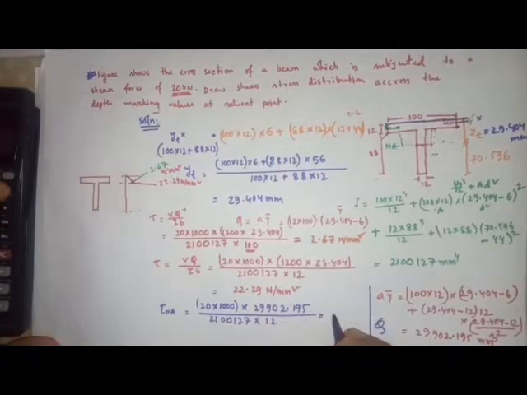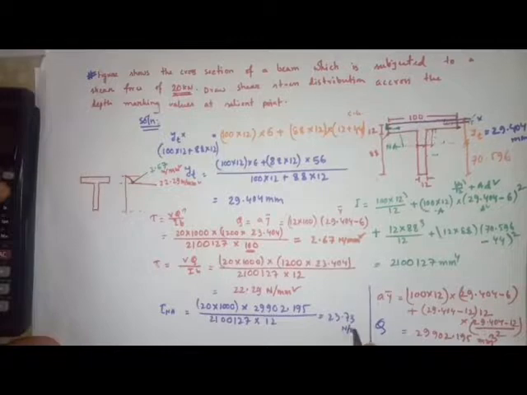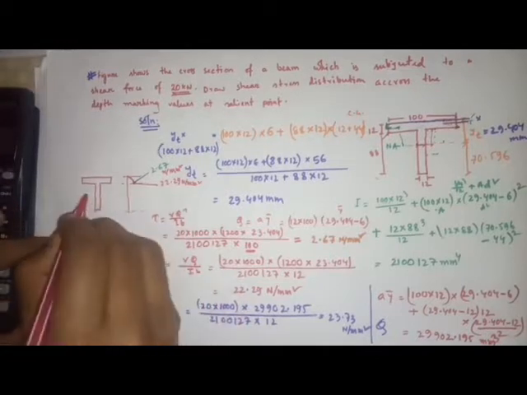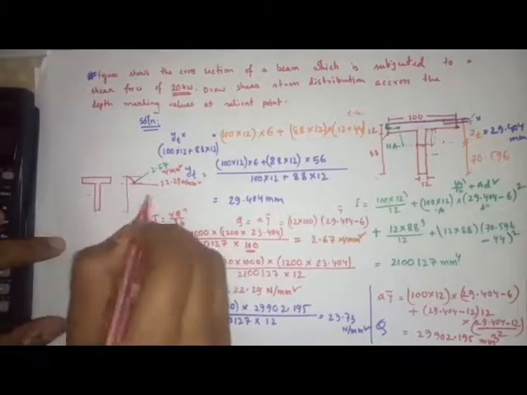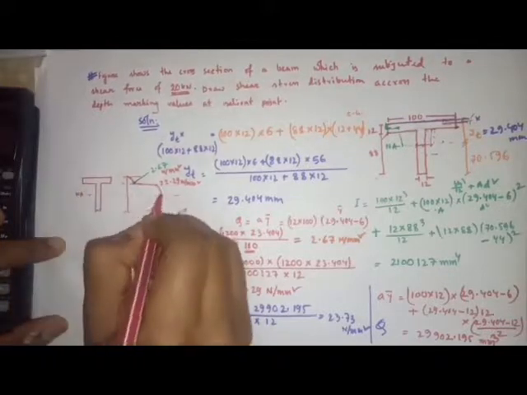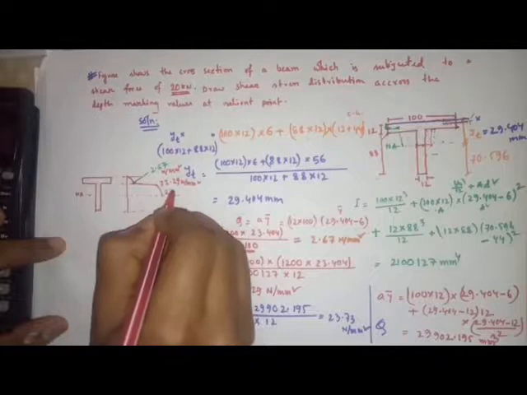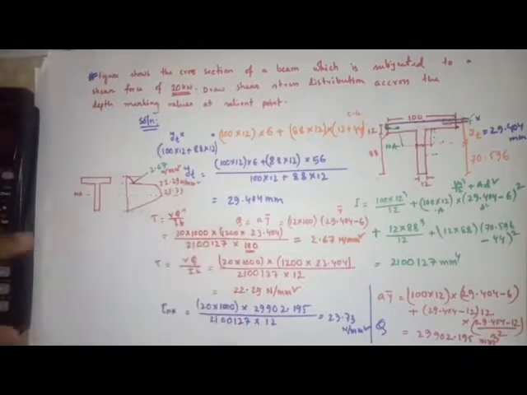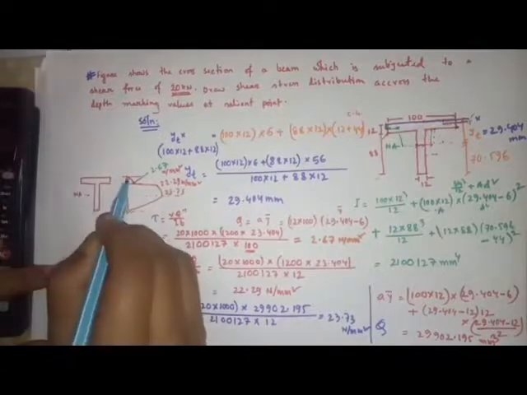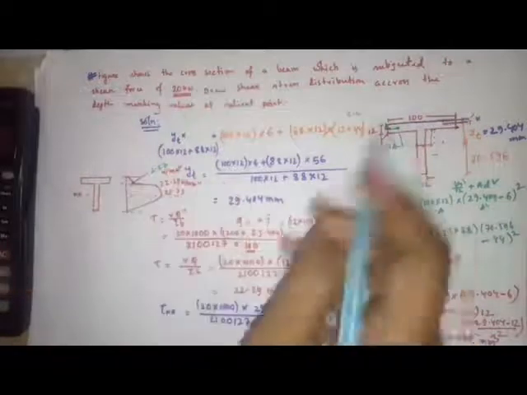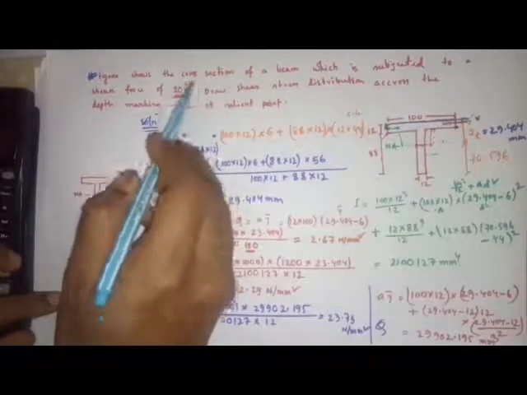This is 23.73 Newton per millimeter square. So the maximum shear stress is at the neutral axis. So if the neutral axis is this, here's the value, this is 23.73, and this will converge to 0. So this is the solution of this problem. This is the shear stress diagram for this section with this shear force.